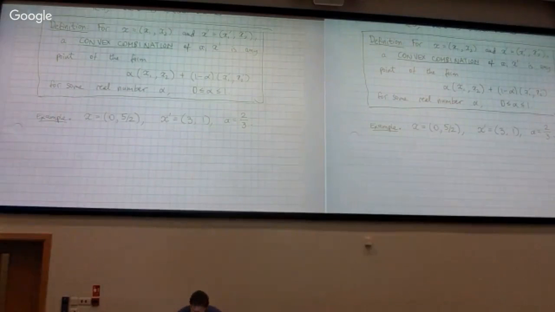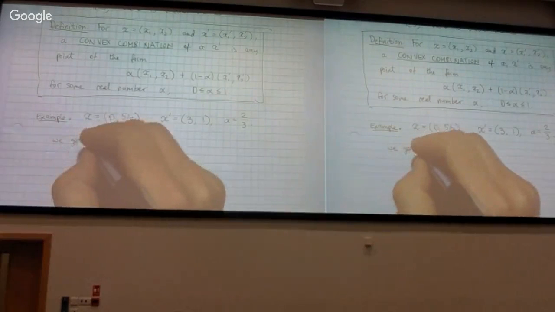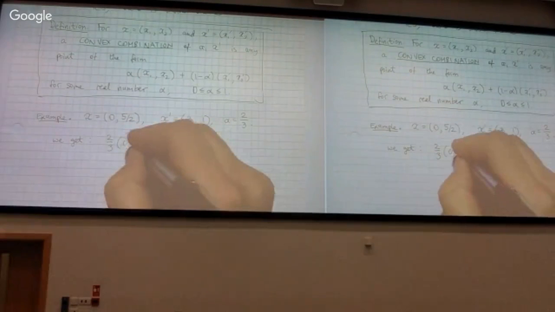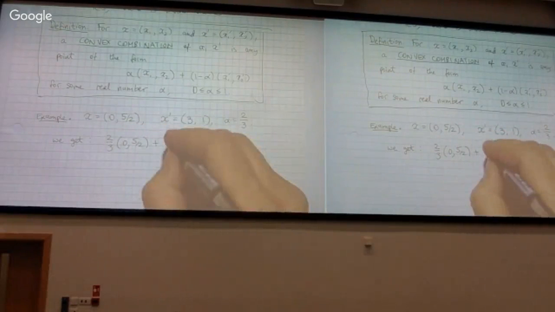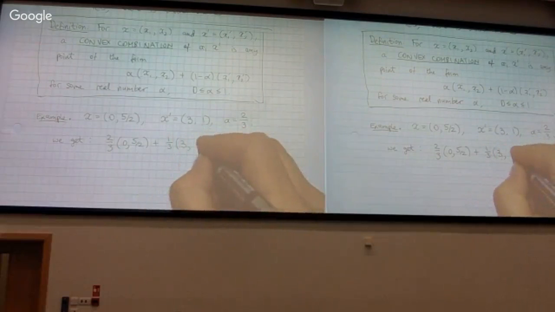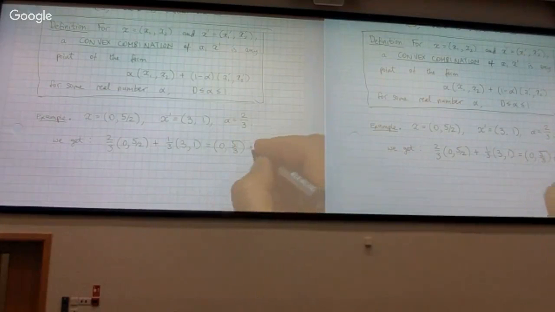So what do we get? 2/3 of (0, 5 over 2) plus 1 minus 2/3, so that's 1/3 of (3, 1). So this is (0, 5 over 3) plus (1, 1/3).